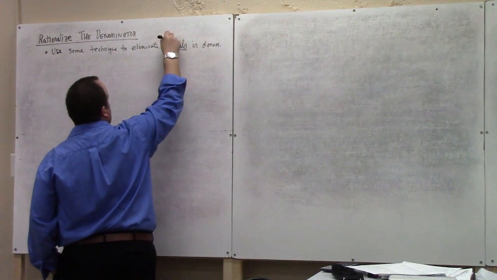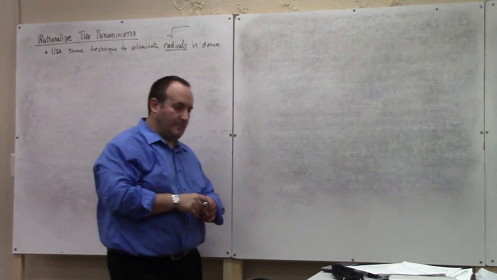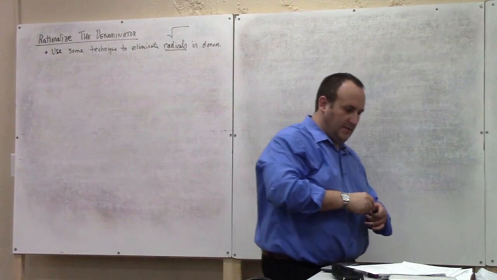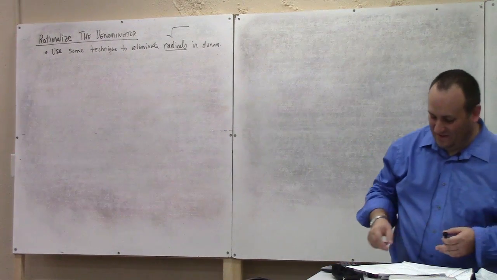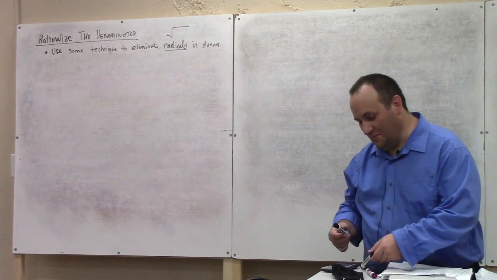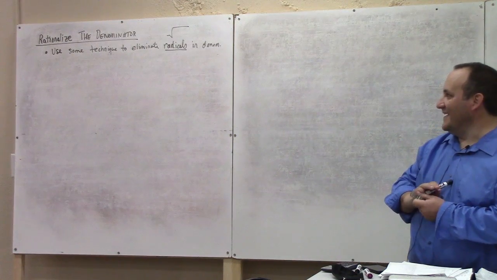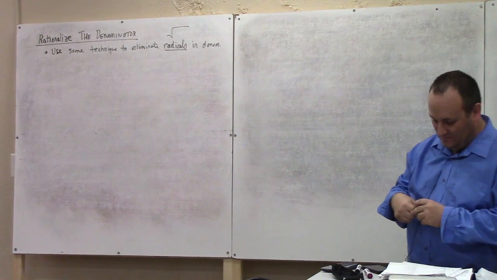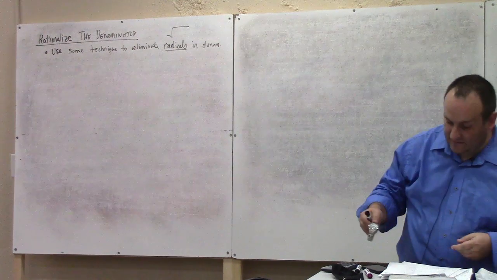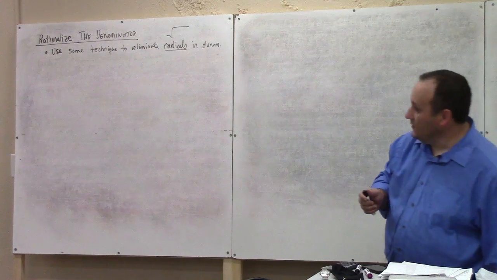Radicals are just stuff with square roots, pretty much. There are techniques for removing cube roots from denominators, but that is not a pre-calculus topic. Anyway, intermediate algebra topic. Excuse me.